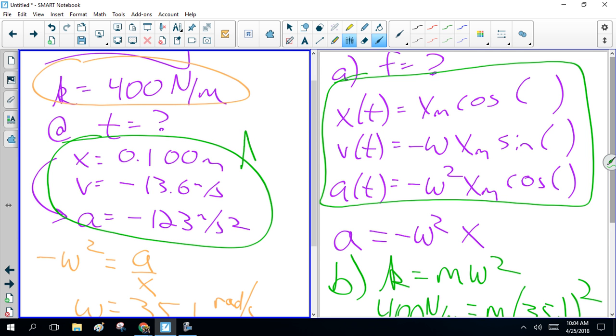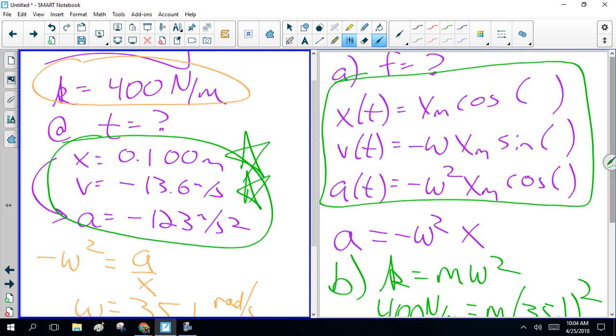The x will allow me to find what kind of energy, you guys? The elastic potential energy. The v will allow me to find my kinetic energy, right? And when I'm at maximum amplitude, what else do we know? All of the KE is 0, right?